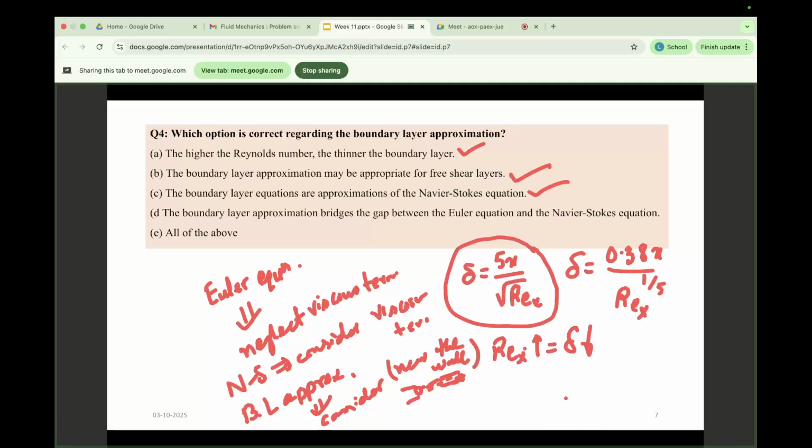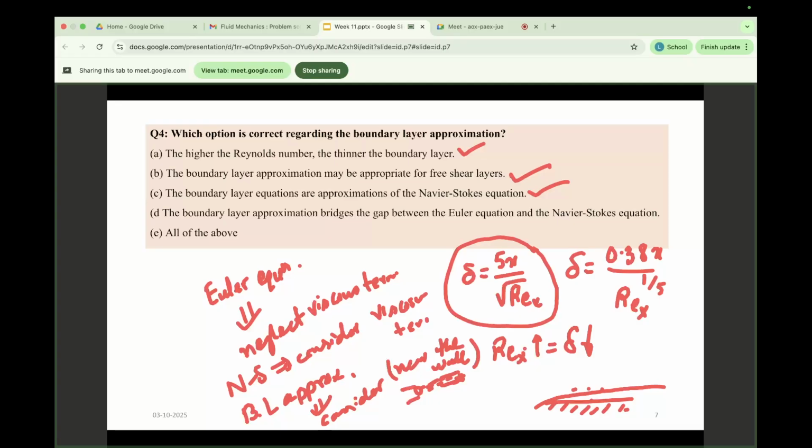That means if we have to talk about this boundary layer approximation, what will happen? See, if there is a question, you need to find a solution of it. There is a flow, and the boundary layer is only near this surface. If you solve this boundary layer using the boundary layer approximation, you will get the solution for this region, and whatever solution you get from this region, you can use it for Euler's equation without using viscosity.